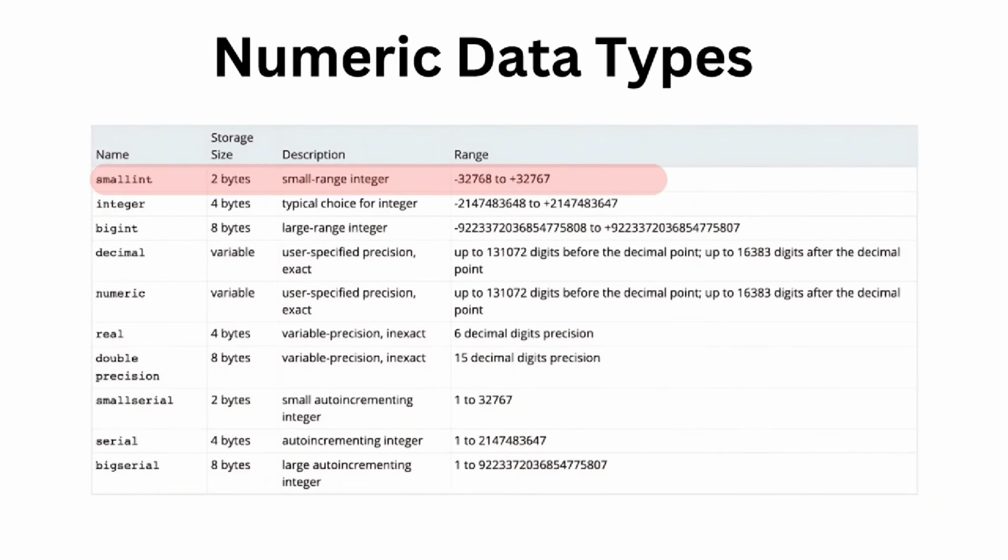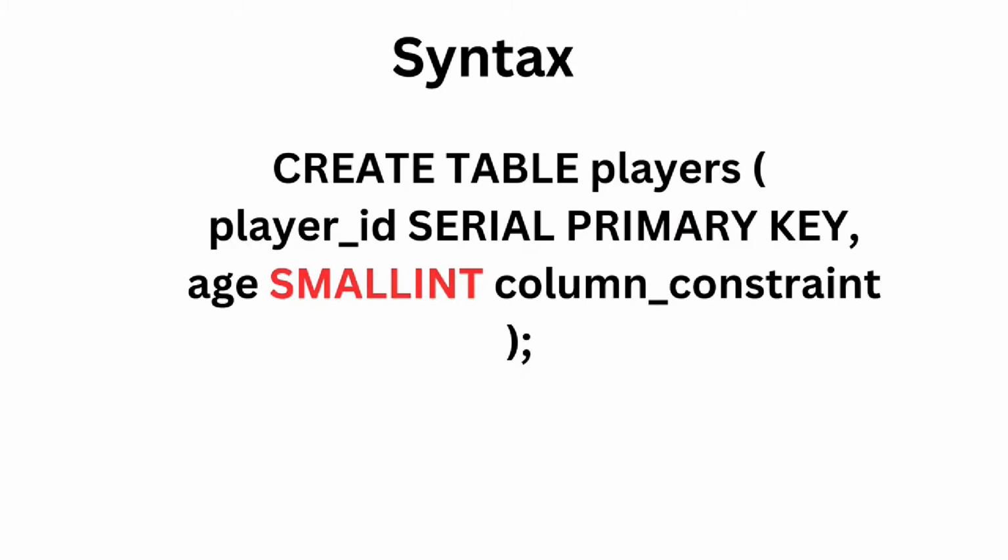We don't need such a huge integer value range for ages, especially for people, because people can only go from 0 to a little above 100. We don't need the integer to go to some huge number. So we'll say that the data type is a small integer, and then the column constraint can really be whatever you want. But let's imagine that for some reason, the league these players are playing in is constrained by age.